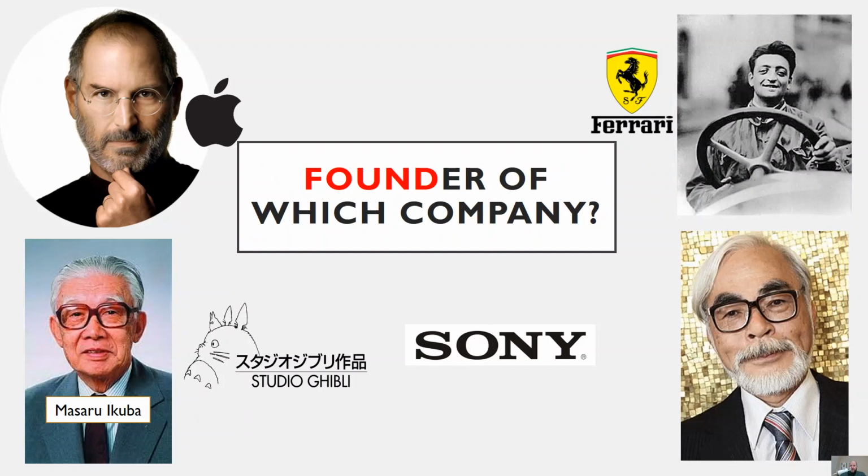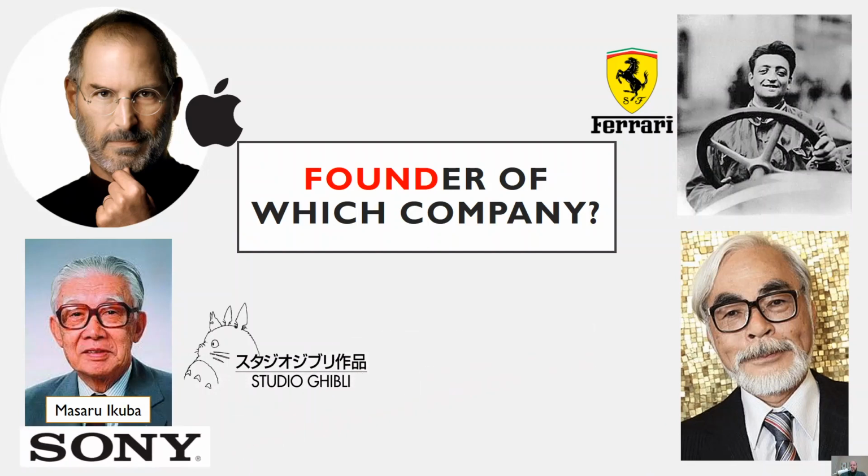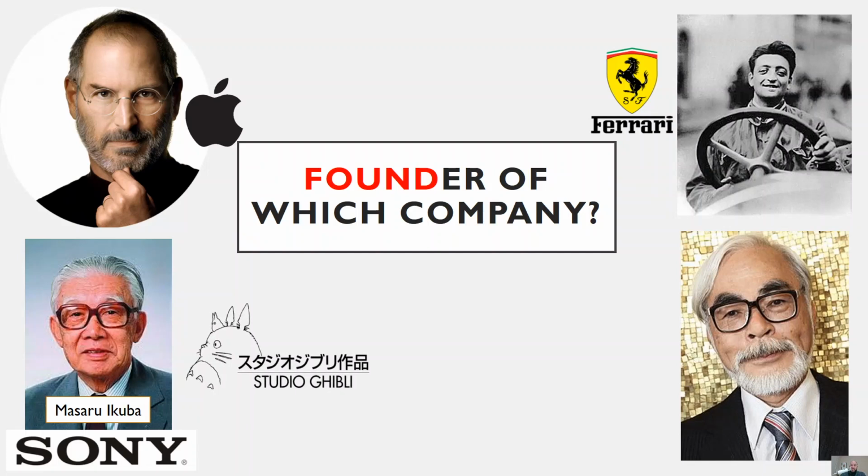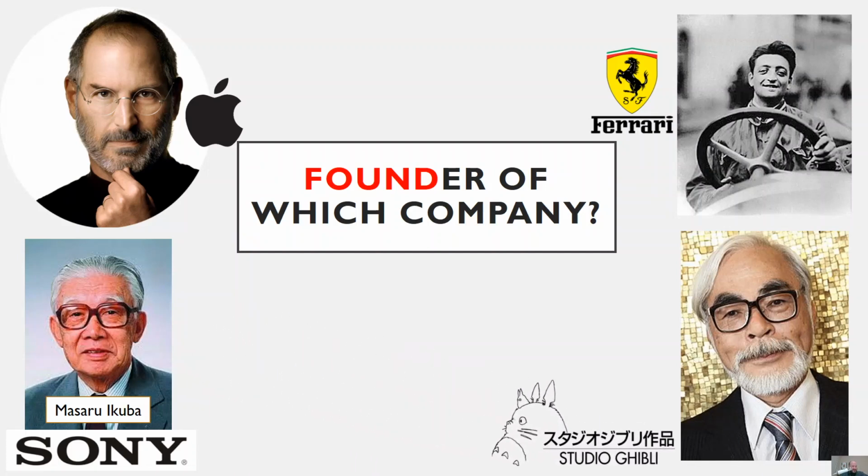Masaru Ibuka. He founded Sony. Yes, maybe you know that. The electronics company Sony. He founded Sony. So, Studio Ghibli must be, yes, of course you know, Hayao Miyazaki. Nice movies. Okay, that's vocabulary.